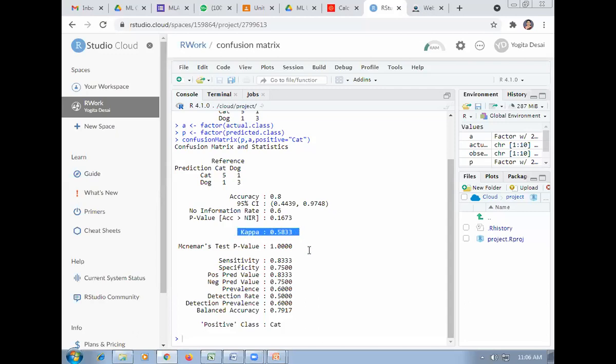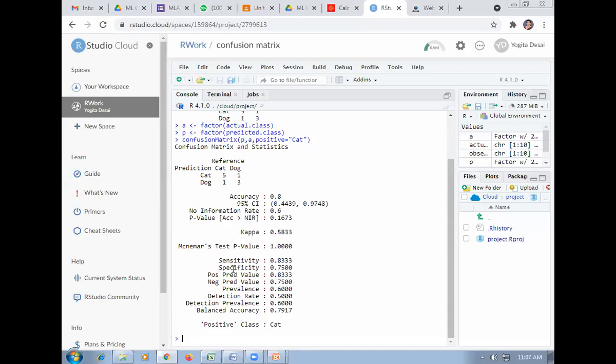The kappa value is not included in your syllabus, but it is used in classification to compare the classification performance with the true values, the true labels.